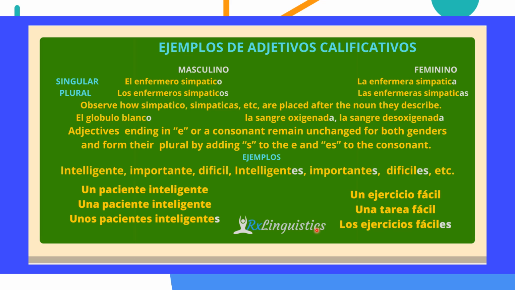And when we study los adjetivos determinativos, we'll talk about some of the exceptions. But the general rule is los adjetivos calificativos follow the noun, and los adjetivos determinativos precede the noun.